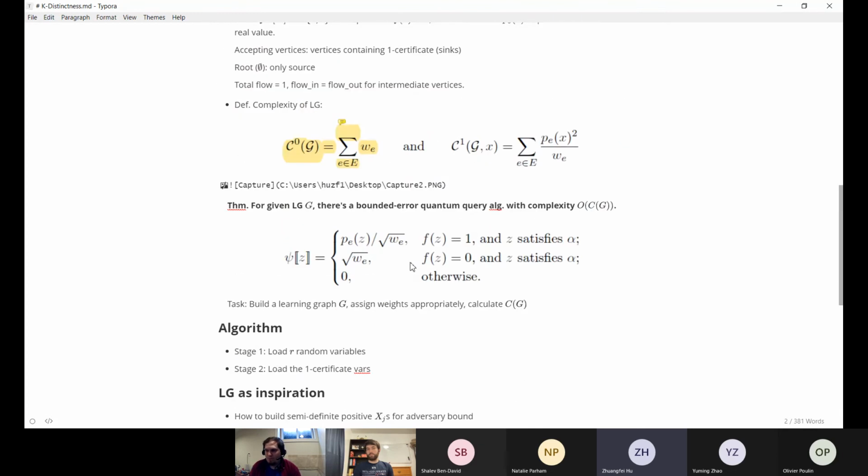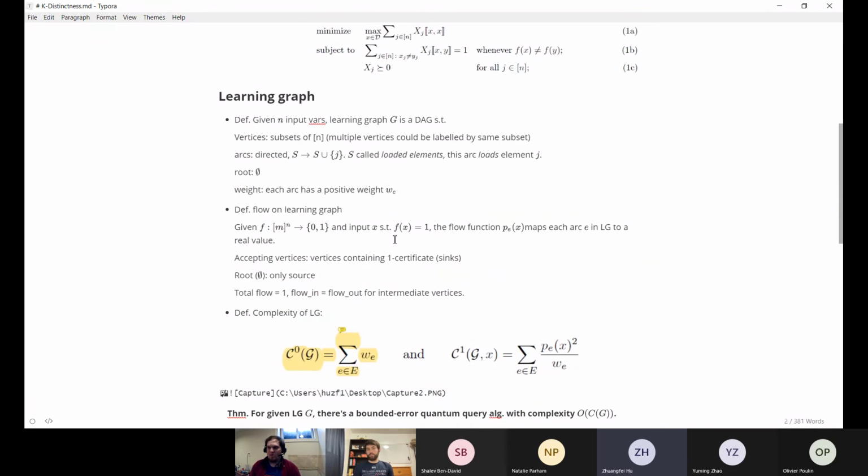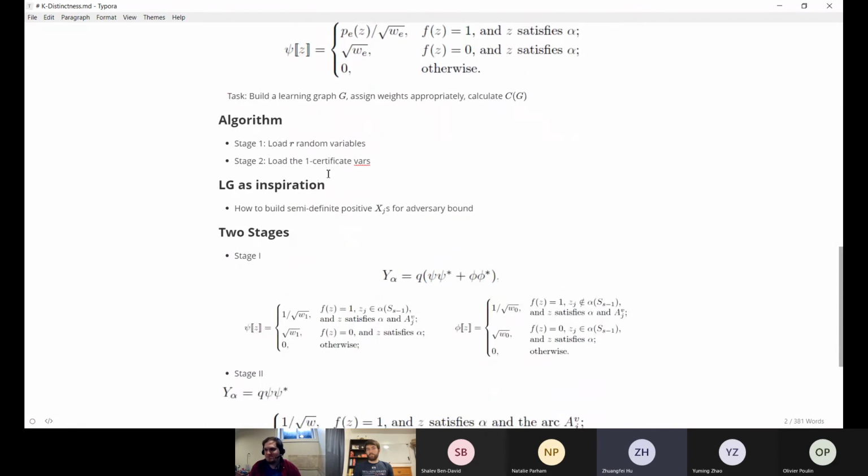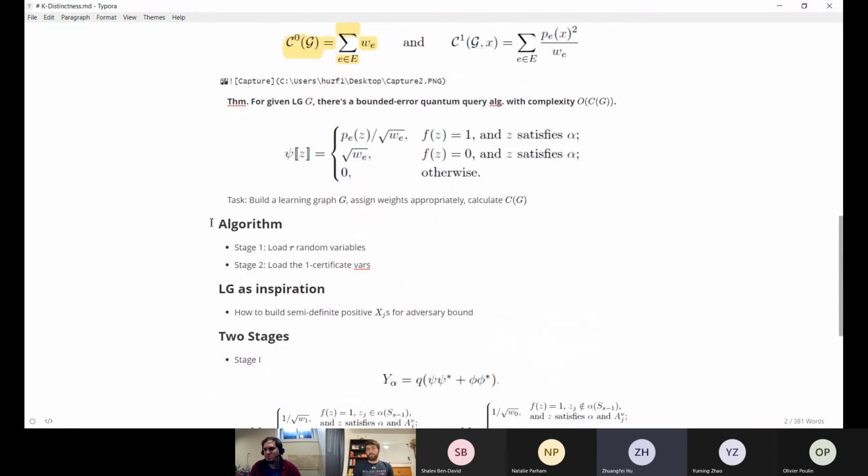So to sum up, they based this on the concept of learning graph and were inspired by this construction here.